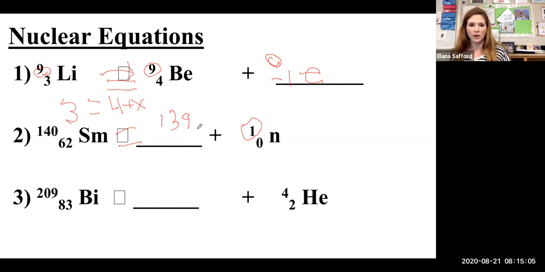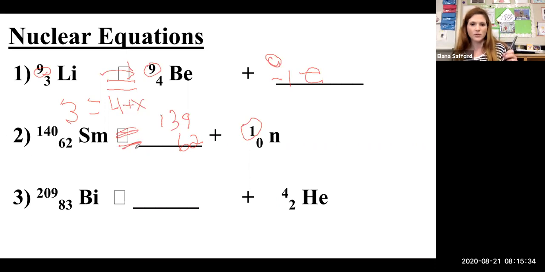Now I'm going to look on this side again and say, okay, on the left, on my reactant side, it says 62. So I need them to be equal. So on the right side, this also needs to be 62. And so far, all I have is 0. So this is going to be 62, because 62 plus 0 is equal to, if I'm going back to the other side, 62.